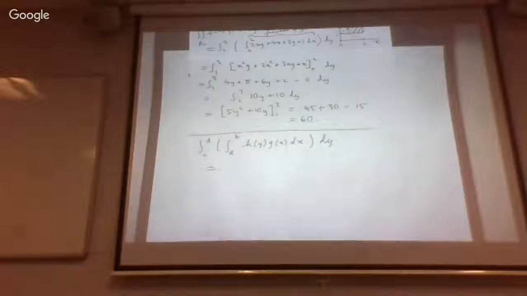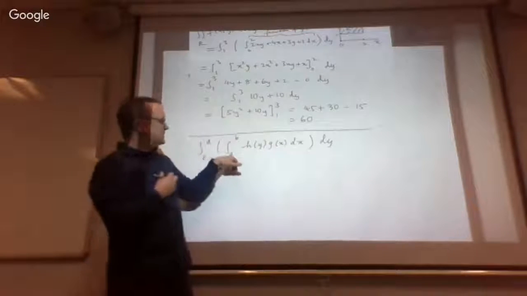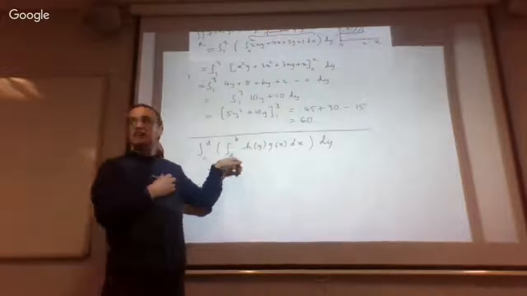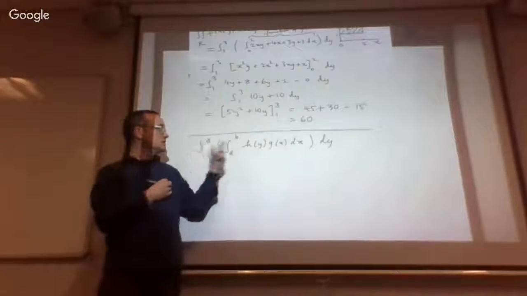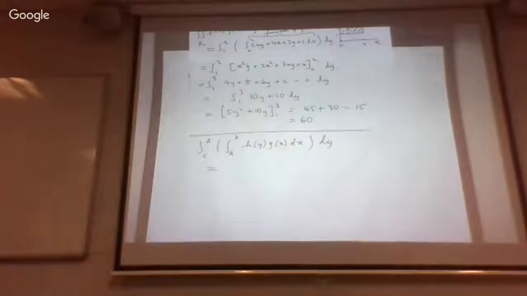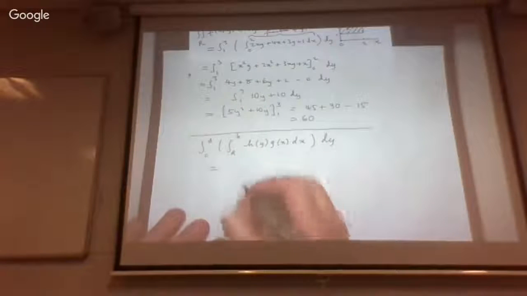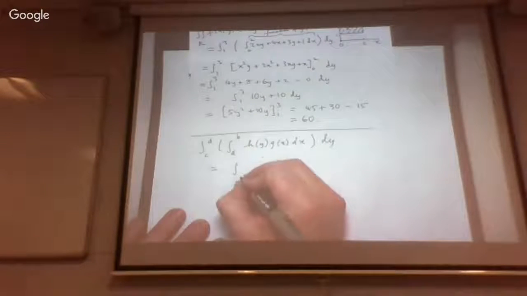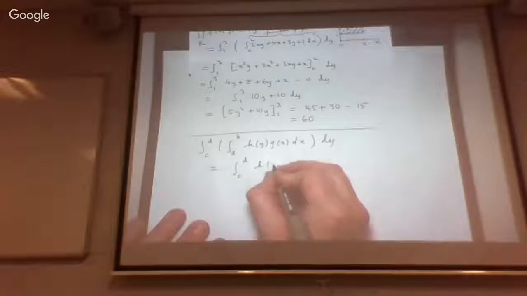Okay, so that's what the double integral looks like. But now, what's the idea with integrating with respect to x? When we integrate with respect to x, we're treating the variable y as if it were a constant. So this function h of y here should be treated as a constant because it doesn't contain any x's. So in particular, that h of y can pass outside of the integral.